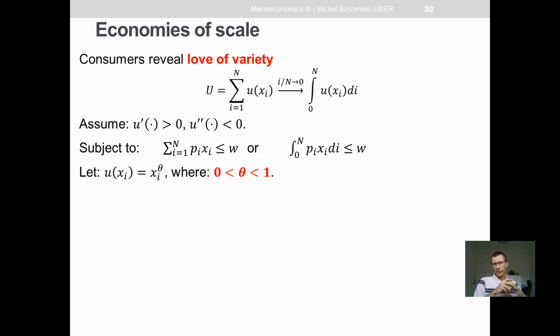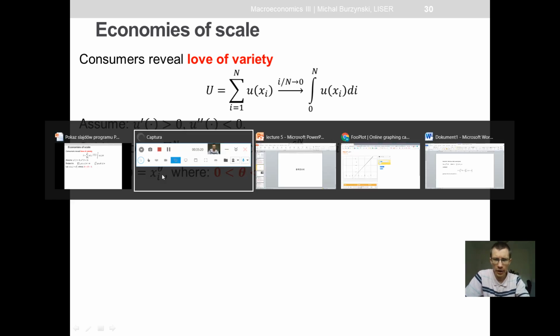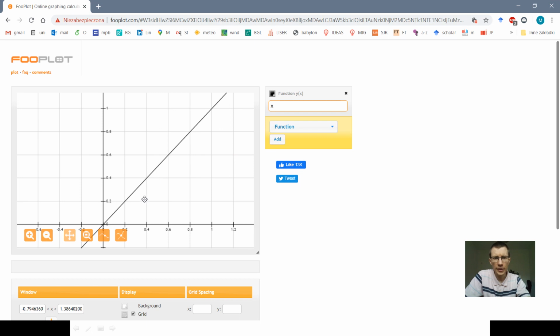Before jumping into solving the model, let us first see what the difference is in terms of the utility function when we manipulate this theta parameter. When theta goes to 1, of course, the utility function becomes very similar to a linear function.